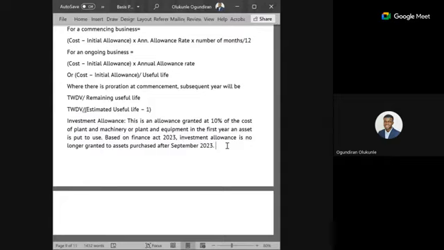The only thing that will make you not get the allowance is if you purchase after September 2023. But if it is still before September 2023, then you will be granted investment allowance. Thank you so much, sir. You're welcome. Do you have another question before we move on? No. All right, that's that about investment allowance.